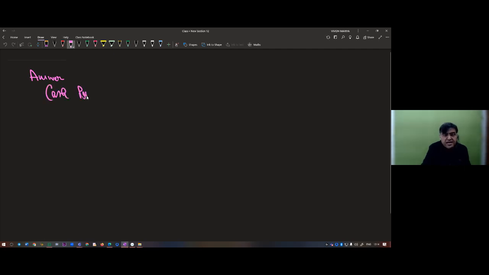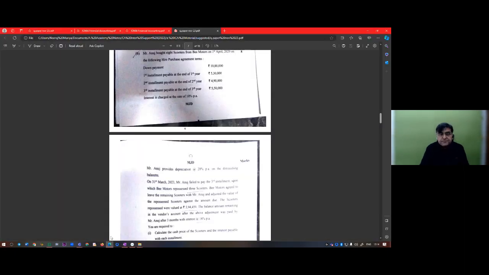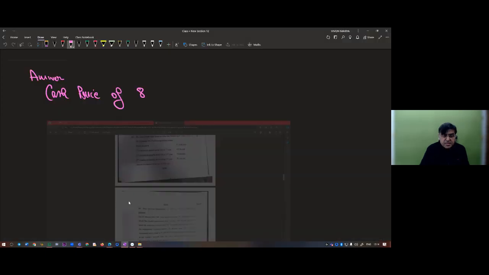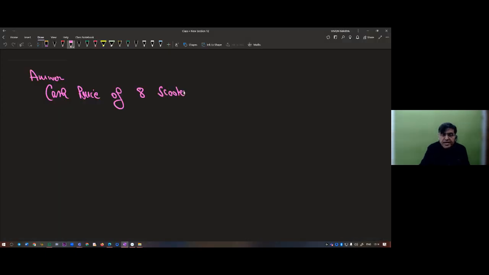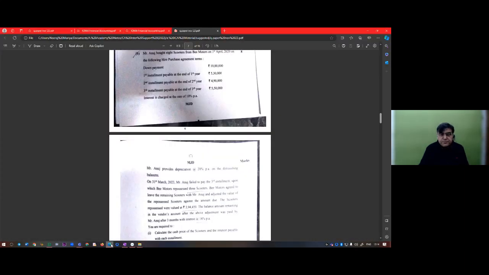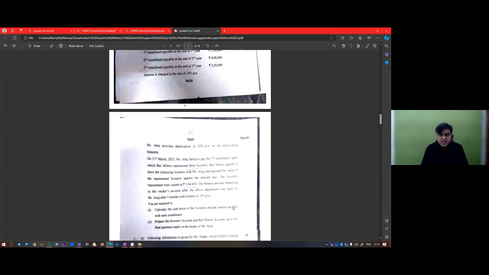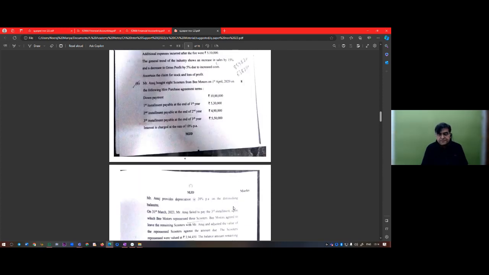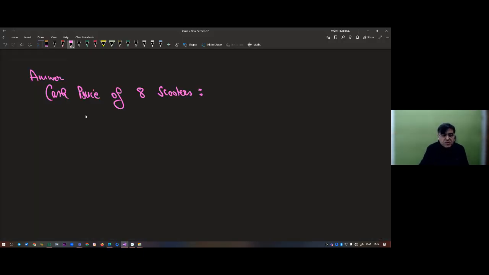Cash price of 8 scooters. How is it being done? See, calculate the cash price of 8 scooters. So 550 is the last installment.